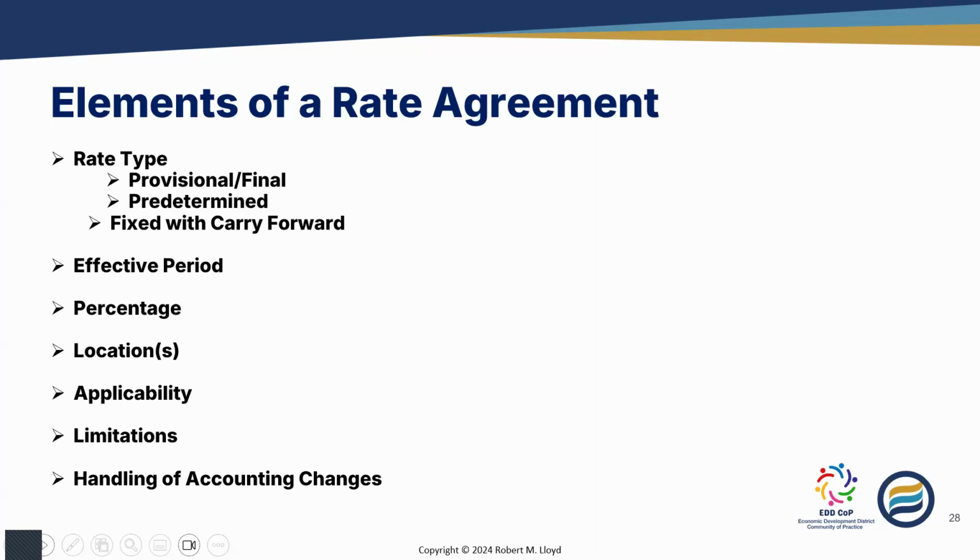Now, if you think about this, if what's happened relates to fiscal year number 1, we find out partway through fiscal year number 2 that there was an over or under charge, we're in a position to add that over or under charge into the rate calculation that will take place for year number 3.